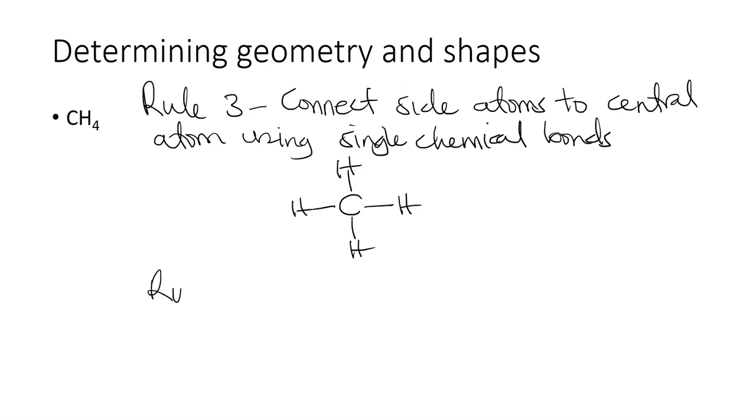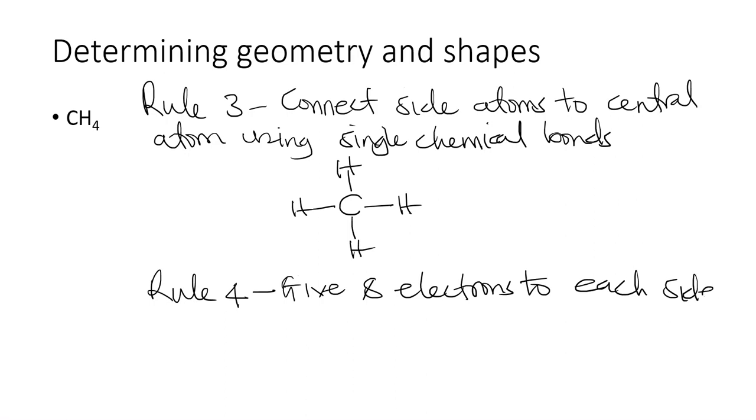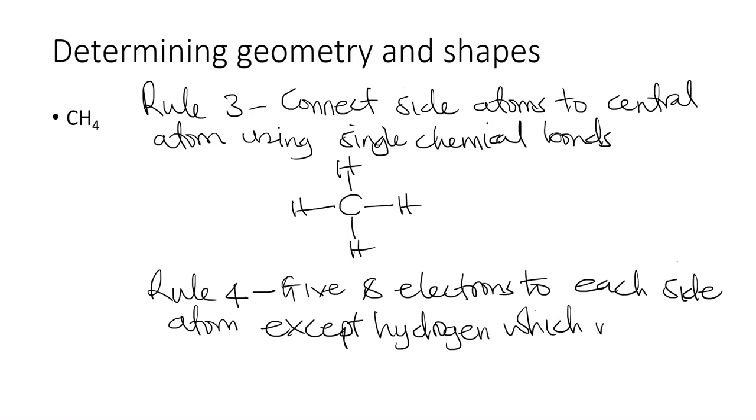Rule 4, give 8 electrons to each side atom except hydrogen, which must be given 2 electrons.